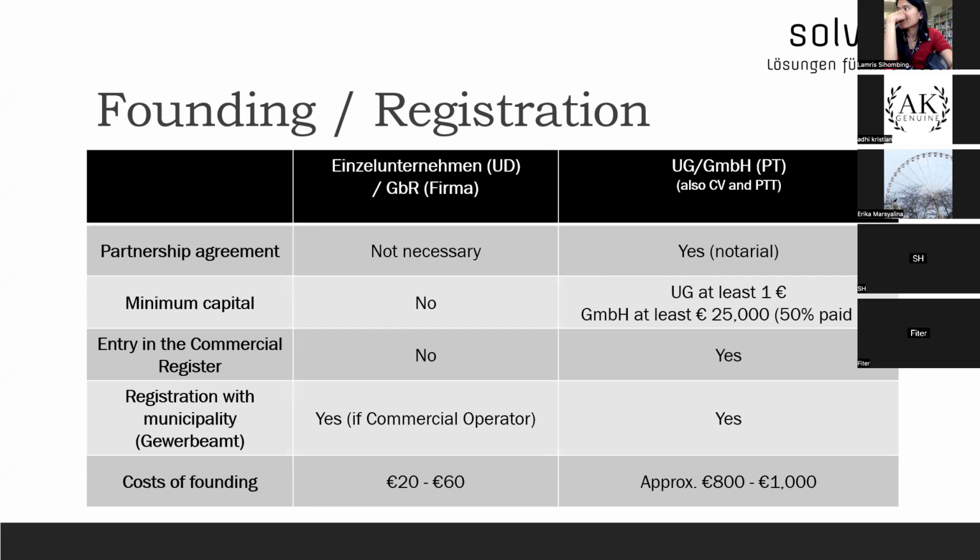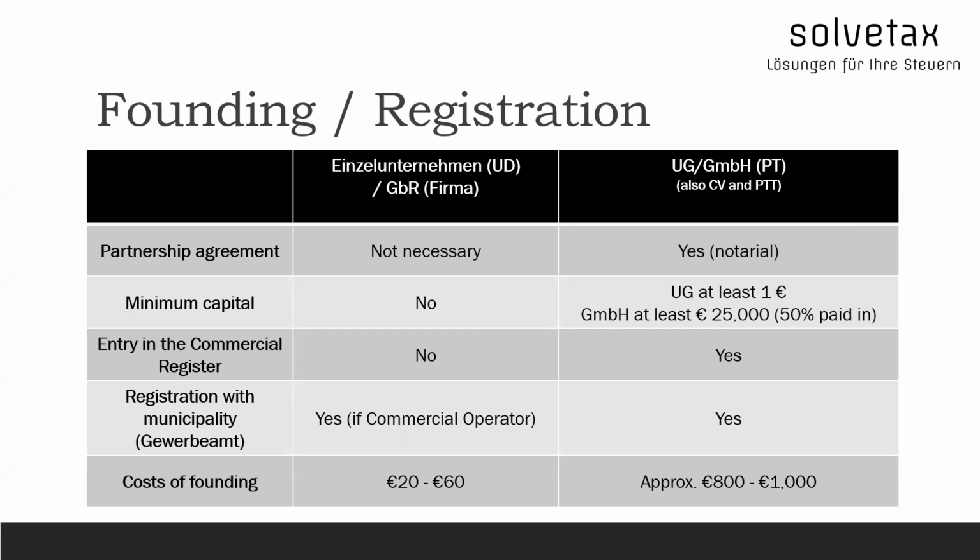And the same goes for the Gewerbeamt. In this case, both of them need to register with the Gewerbeamt. If you are an Einzelunternehmen or GbR and you are a Freiberufler, then of course, like I told you, it's not necessary, because you are not a commercial operator by definition.